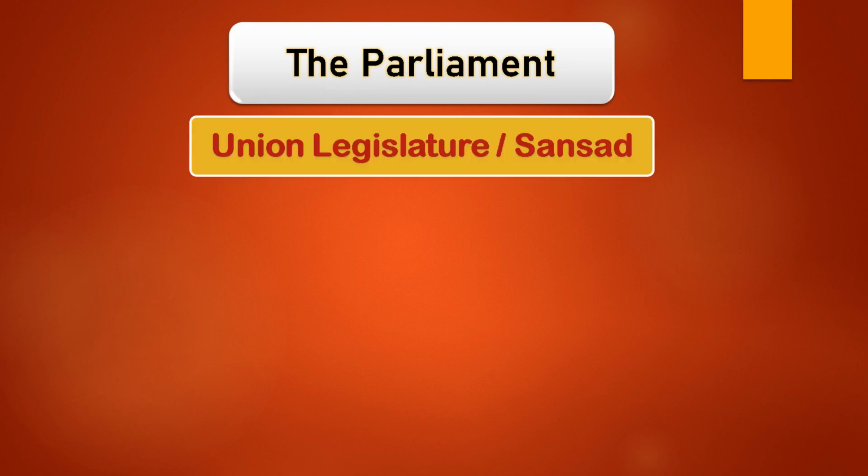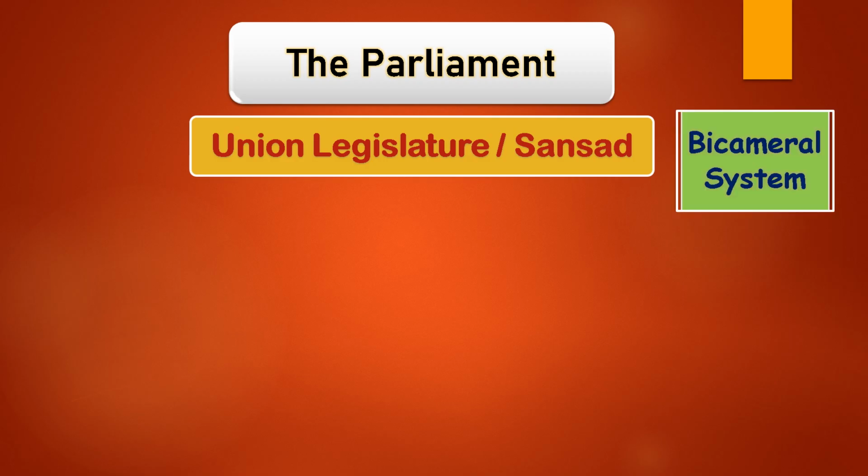Now, let us understand what are the important components of the parliament. Friends, the parliament is also called union legislature or Sansad, and it has full control over the government. In India, we have adopted bicameral system of the parliament at the center. That means we have in the parliament as components two houses.